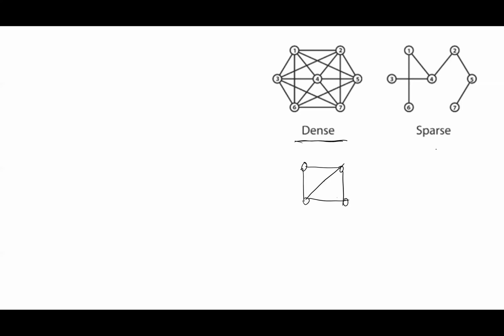Whereas a sparse graph, as the name suggests, has only a few edges. There are a lot of other potential edges, but those are not present. So this is an example of a sparse graph where we don't have many edges.